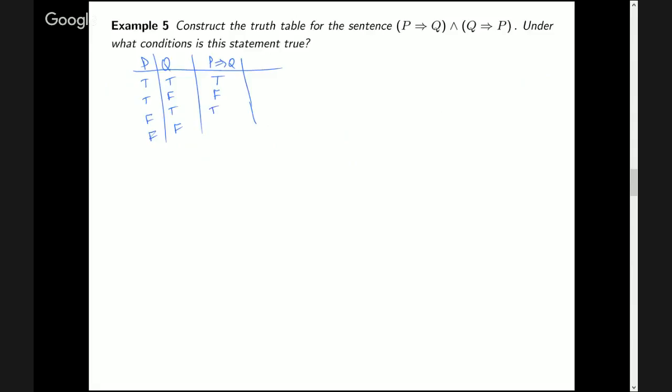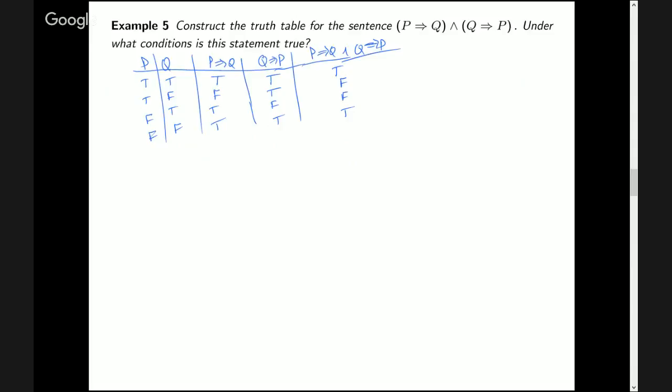False implies true. And true, true. And then Q implies P: true, true, false, and true. And then we have to put both of those together with an and. Okay, true, false, false, true.